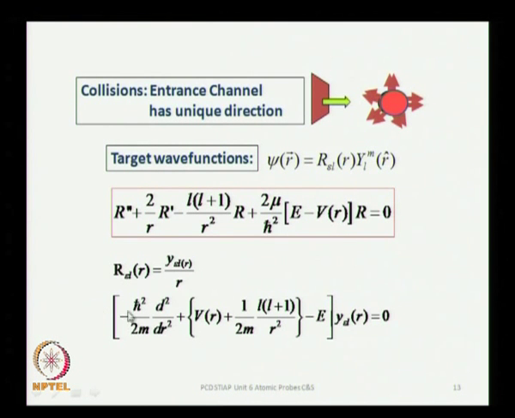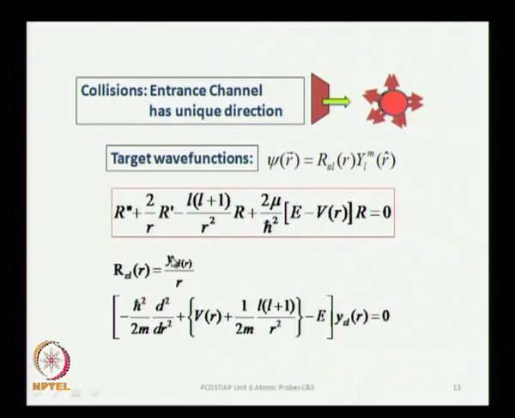So, this is your radial Schrodinger equation. Now it is convenient to write the radial function as a ratio of y over r. You just factor out 1 over r, this is just a matter of mathematical elegance, and this requires a certain equation to be satisfied by y.